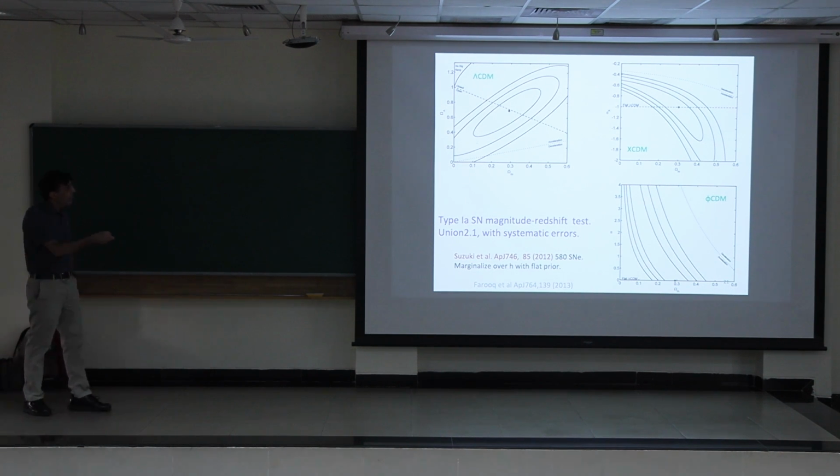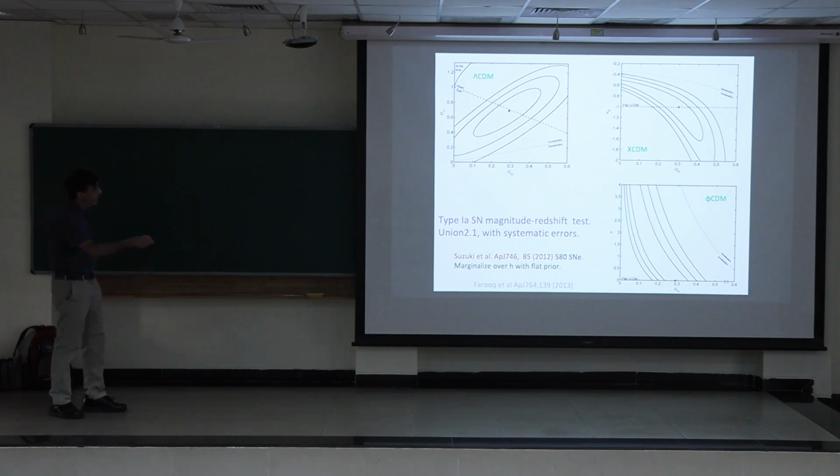And there are 2 special sets of lines. There's the dashed lines and there's the dotted lines. The dotted lines divide currently accelerated expansion from currently decelerated expansion. And you can see those over here. This line is flat geometry. So models this side of the line are closed, models below it are open.